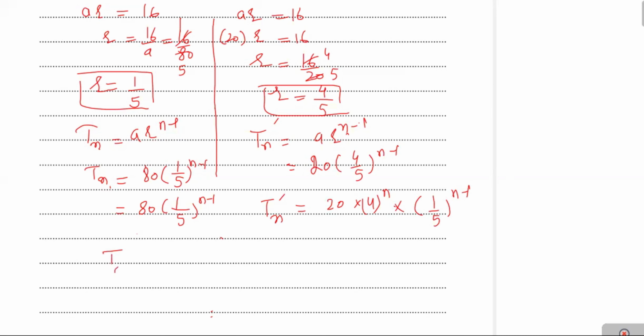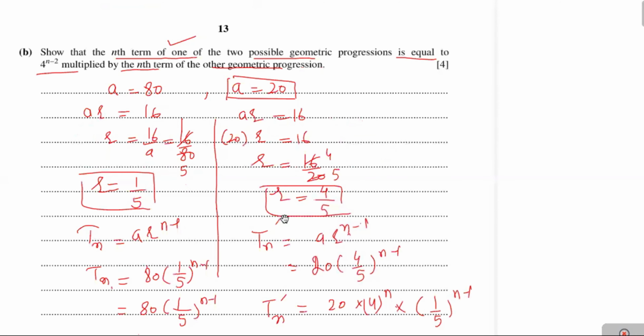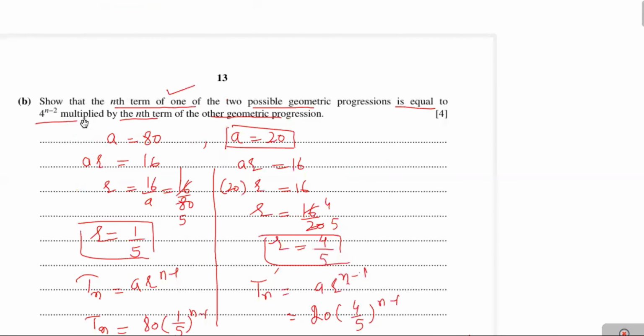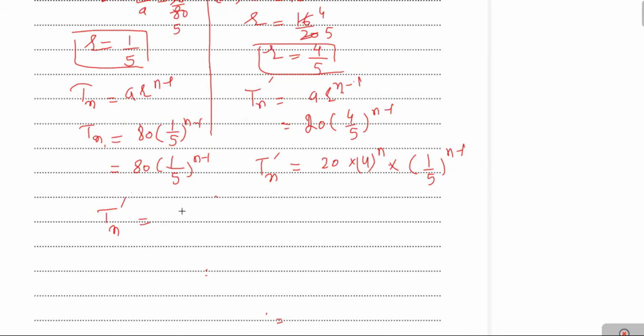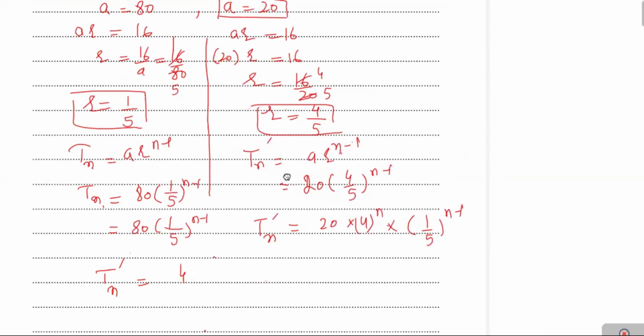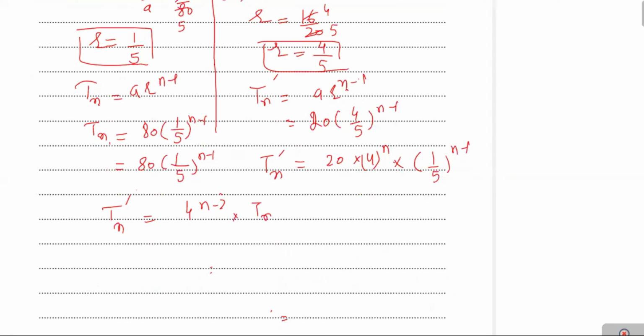Now one sequence is equal to a multiple of a term of the other geometric sequence. Therefore, we can write it as T dash n will be equal to 4 power n minus 2 multiplied by Tn. Now we prove here T dash n over Tn equal to 4 power n minus 2.